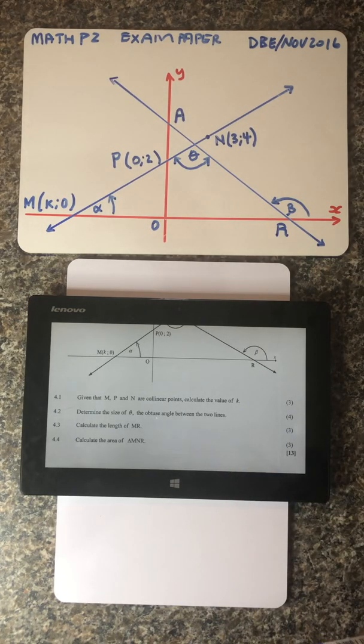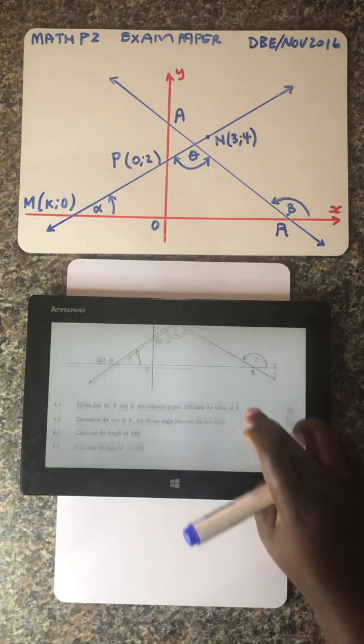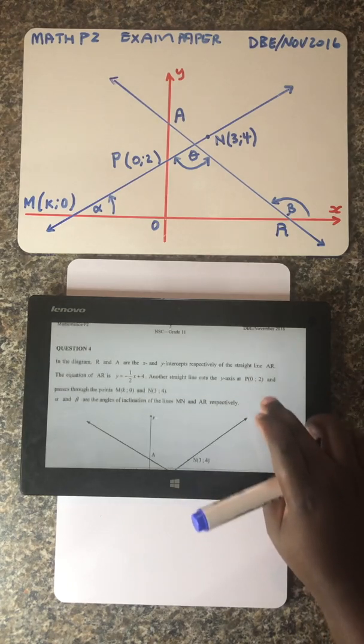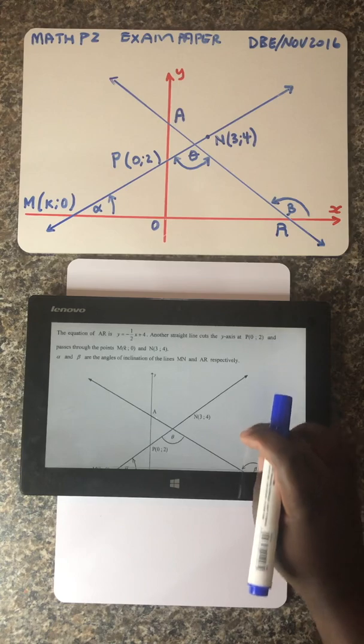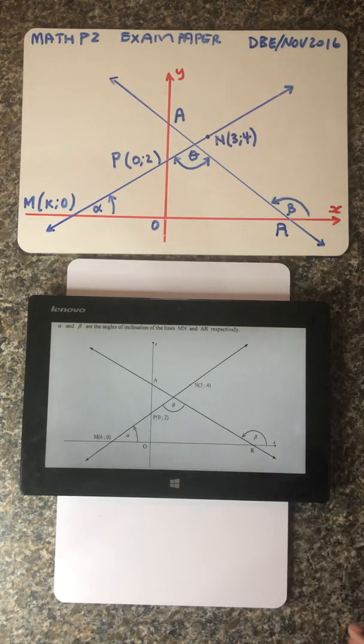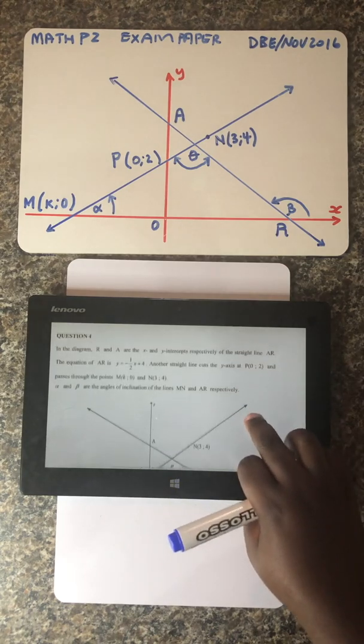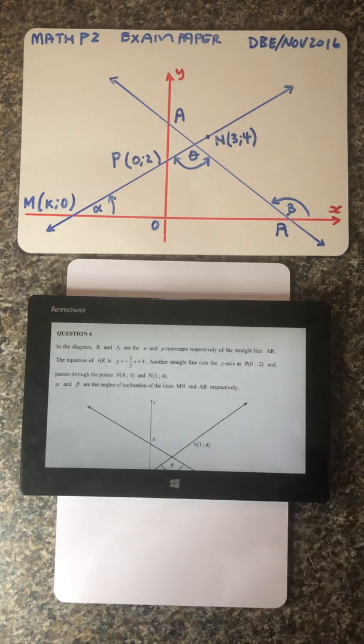I'm hoping to also dish out some tips in relation to this type of questions so that you're able to attack any type of question regardless of how different it is as compared to this question for today's lesson. So now question 4 reads as follows.